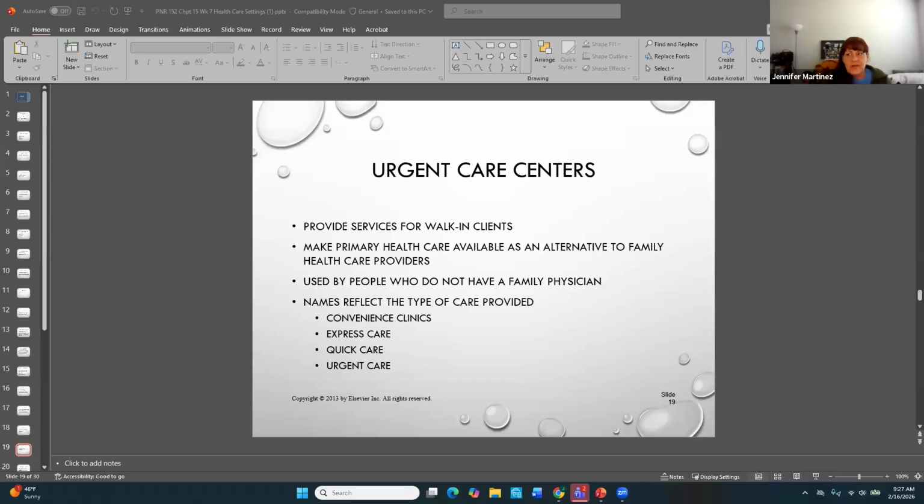For a lot of people, they replace the healthcare provider's office. So a lot of people will use urgent care centers as more of a primary care rather than just urgent care. The name kind of reflects the type of care they provide.